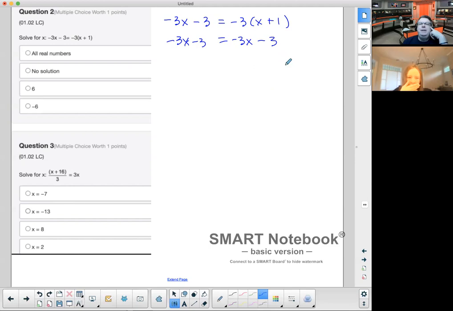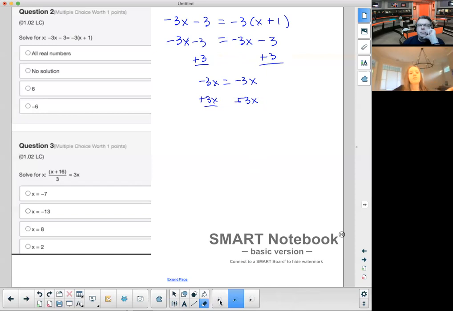And if you don't immediately see that, you can just start simplifying. Plus 3, plus 3. And so we get negative 3x equals negative 3x. Is that okay with you? Okay. And then if you don't see it, you can still go, okay, well, plus 3x, plus 3x.